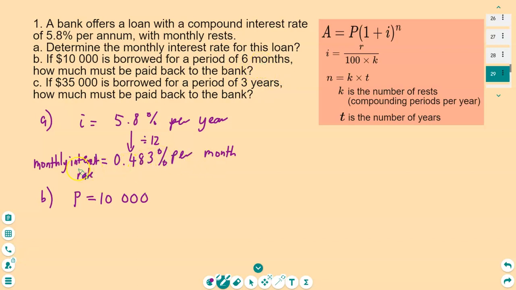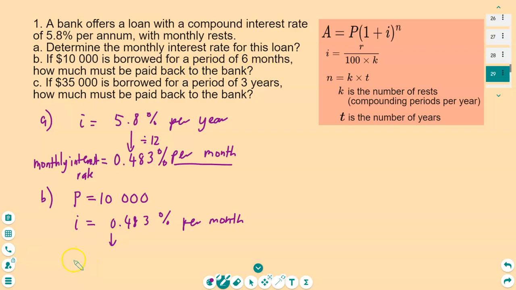In A, they asked us to calculate the monthly interest rate, as in units of per month. So we are going to use that interest rate, 0.483% per month as calculated in part A, and we are going to borrow it for a period of 6 months.